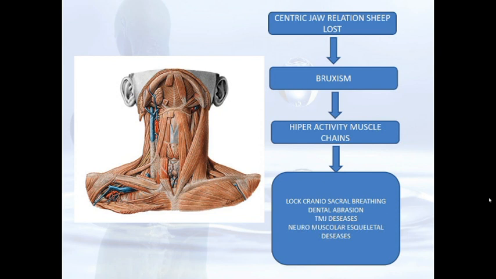And bruxism is the worst defense that we have, because it's creating hyperactivity on the muscle chain, blocking the craniosacral breathing, and creating dental abrasion, TMJ disease, and chronic neuromuscular skeletal disease. But it's an automatic defense we have.